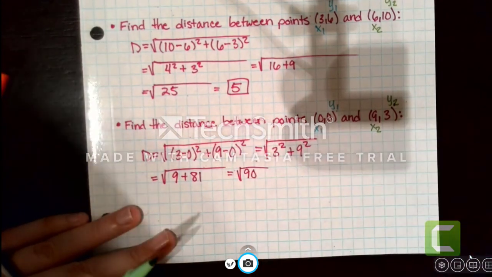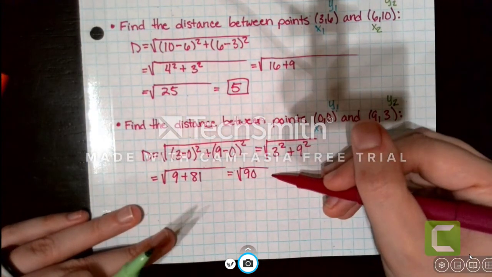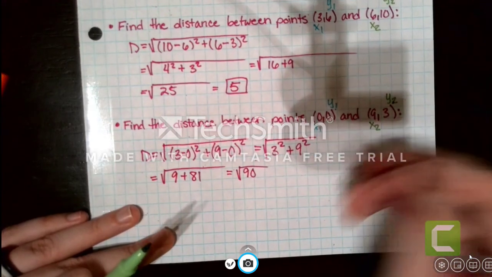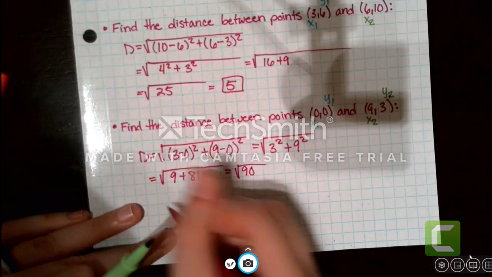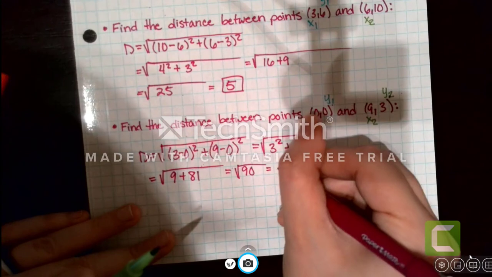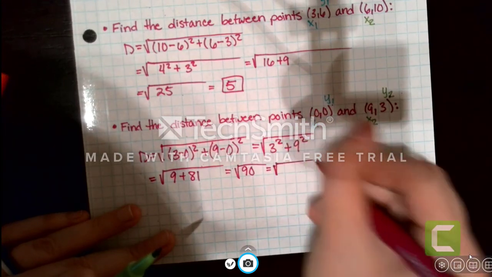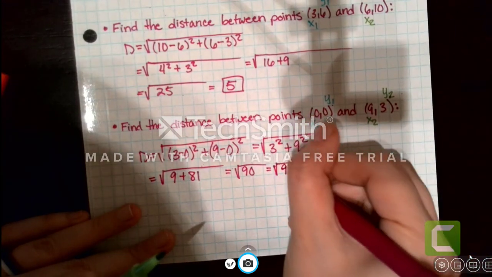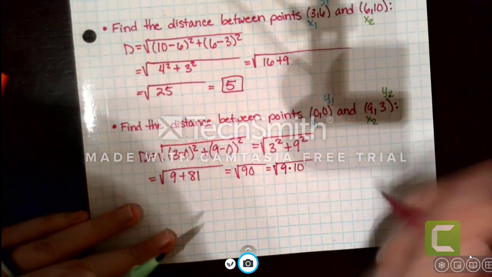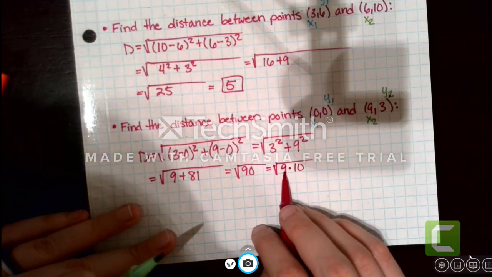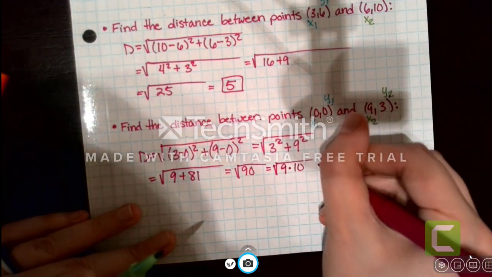And much like our first example on this second page, we can actually reduce this further. If I take that even further than we have it, we can do 9 times 10. 9 can be square rooted to give you an answer of 3.